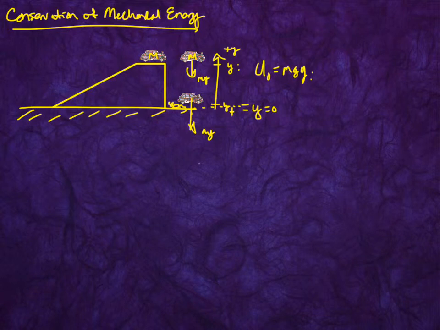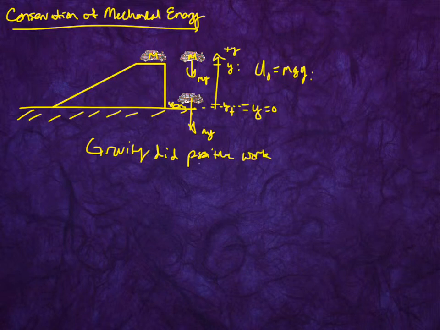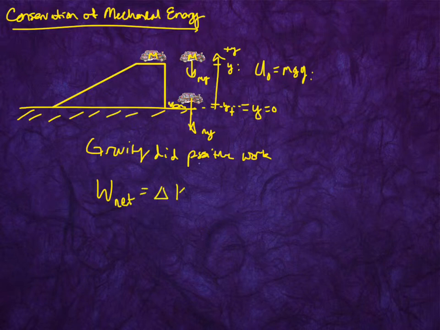Alright, so when this happens and the car drops, gravity does positive work. Well, we know that the net work on something is equal to the change in kinetic energy on that thing.